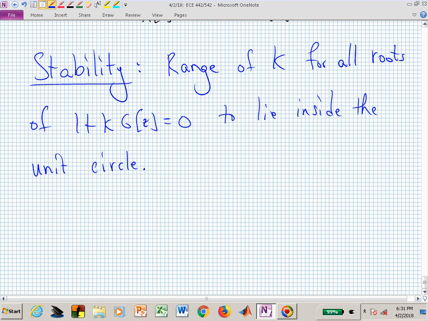That's the stability. We want to know, is there a sweet spot? Is there a range on K that will allow, how many closed loop poles do we have?